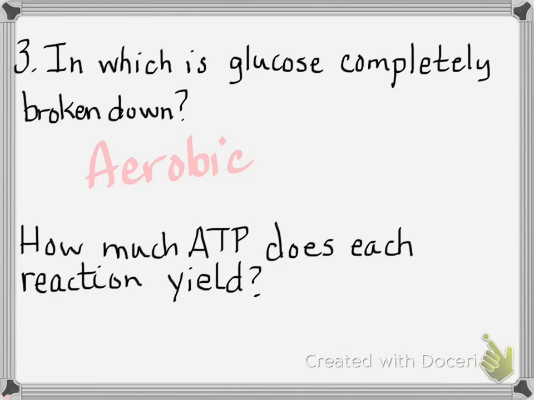And of course, the second part of number 3, everybody knows that if you do it aerobically, you get 38 ATP. What if you break down glucose anaerobically? 2. So 38 ATP if you do it aerobically, 2 if you do it anaerobically. It's a huge difference.